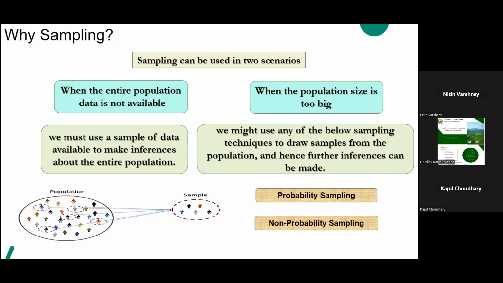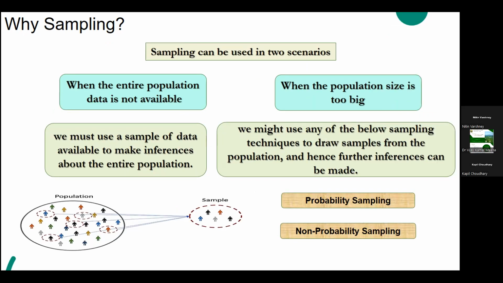So in these two situations, we will go for sampling. After that, we will draw a sample of different size and make inferences about the population. So by using the samples, we will study our populations. There are basically two types of sampling: probability sampling and non-probability sampling, which we will see later.